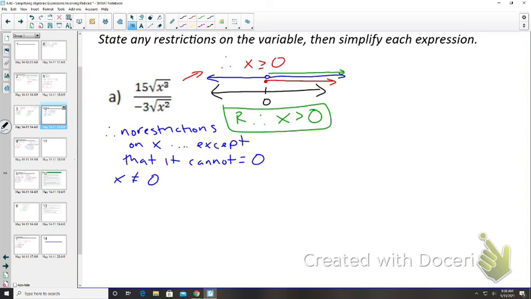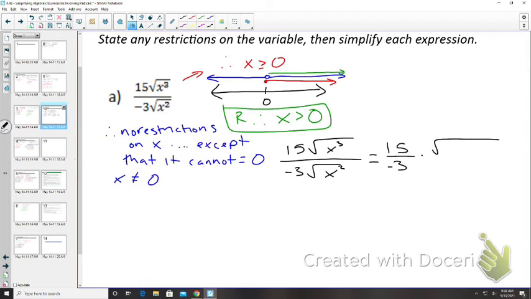So 15 root x to the 3 divided by negative 3 root x squared is the same thing as saying 15 divided by negative 3 multiplied by root of x cubed divided by x squared.